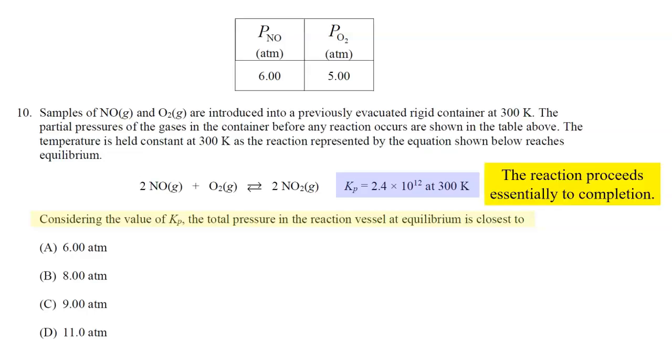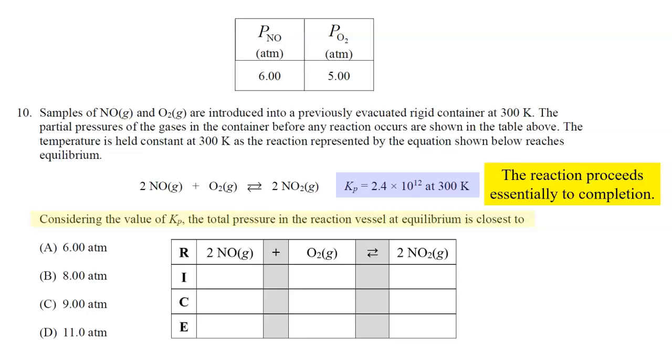So we have a situation where the magnitude of K is so large, 2.4 times 10 to the 12, that this reaction proceeds essentially to completion. Let's go ahead and make a RICE table, and we can fill in as much information as we can and then try to figure out what the total pressure in the reaction vessel will be at equilibrium.